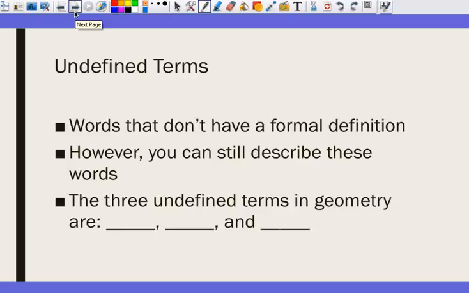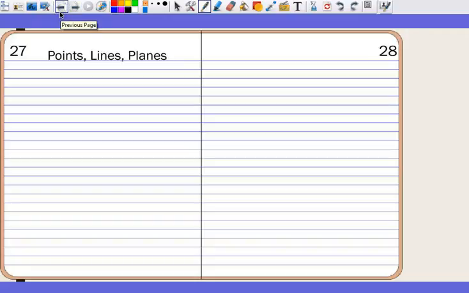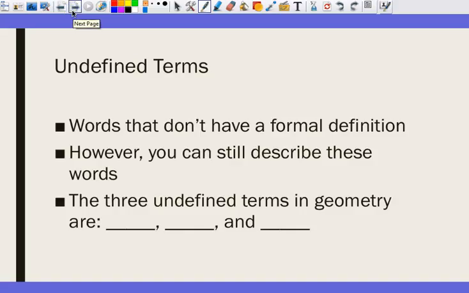Points, lines, planes. Okay, our first definition is undefined terms.